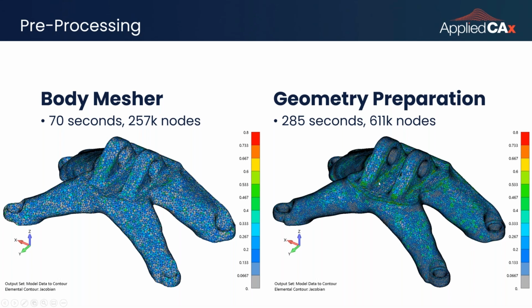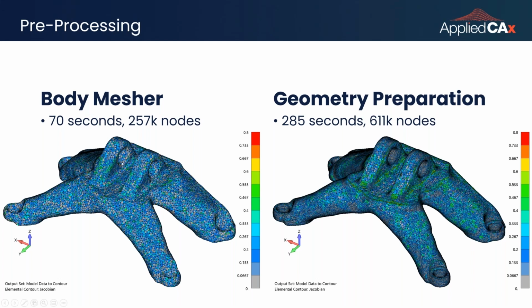You can see these little red sliver elements scattered throughout wherever there was small, complex geometry. And it actually ended up with some poor element quality, even above 0.8, closer to 0.9. So it was definitely a win for the body mesher there.